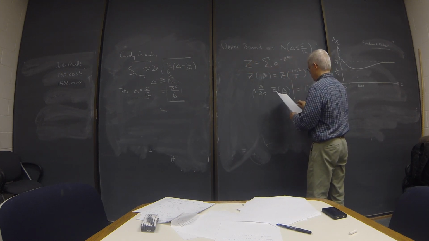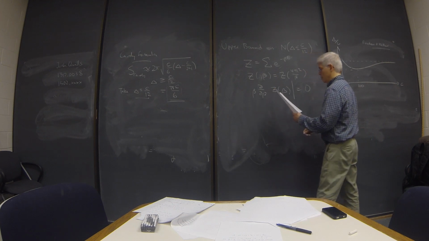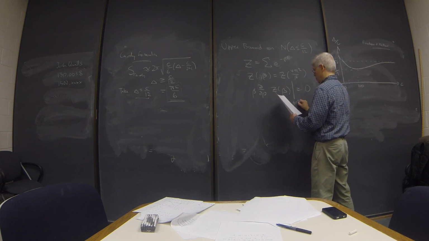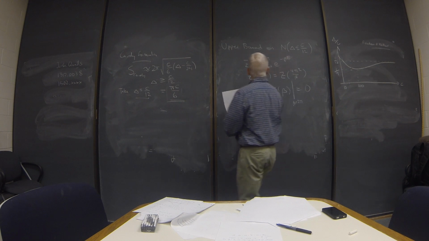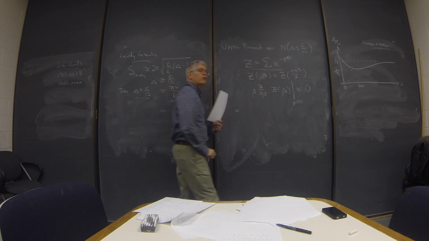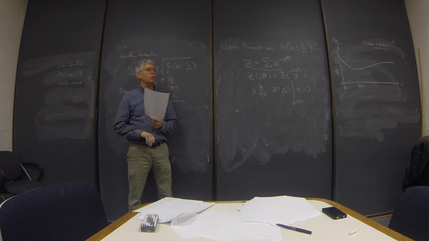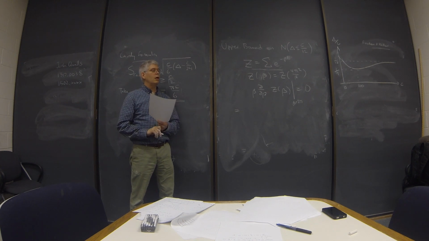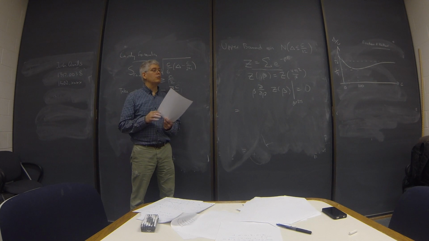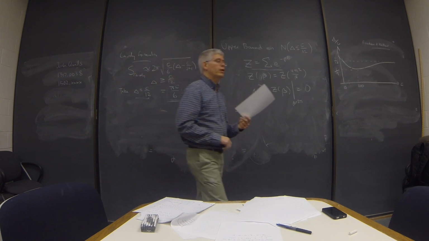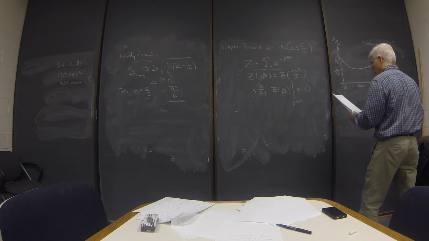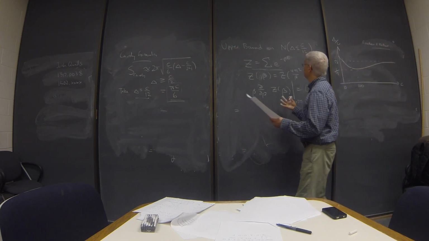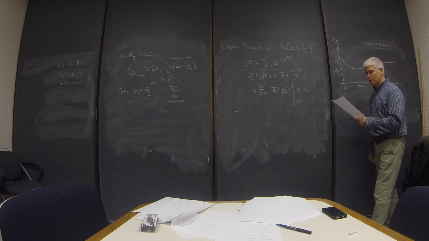I'm only going to use the first order constraint. If you differentiate the partition function here, I haven't assumed anything about conformal blocks, so this is actually a more general statement. It does not have the same restrictions that I had before. It could apply to C less than 1 as well, although I don't think it would be very useful in that case.